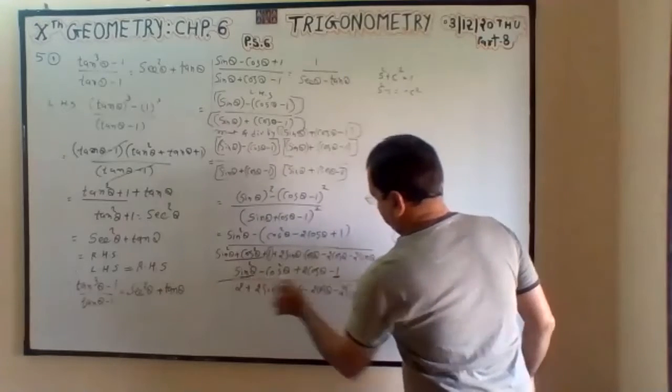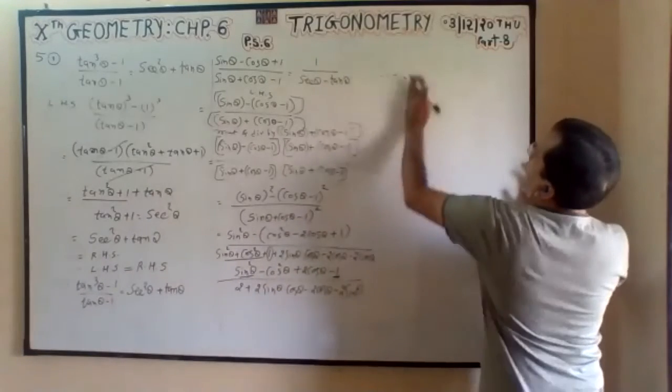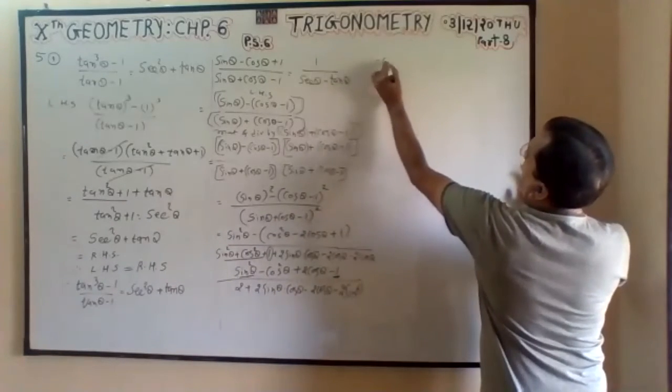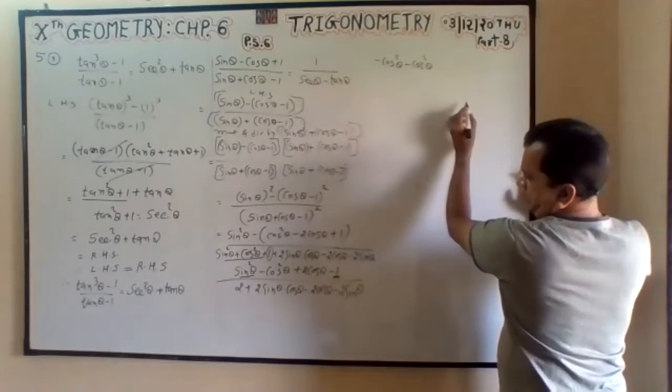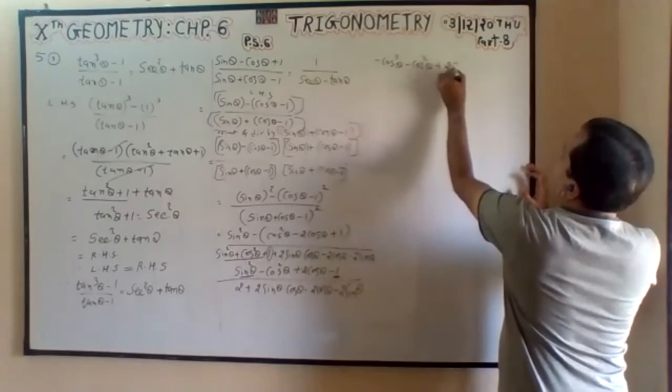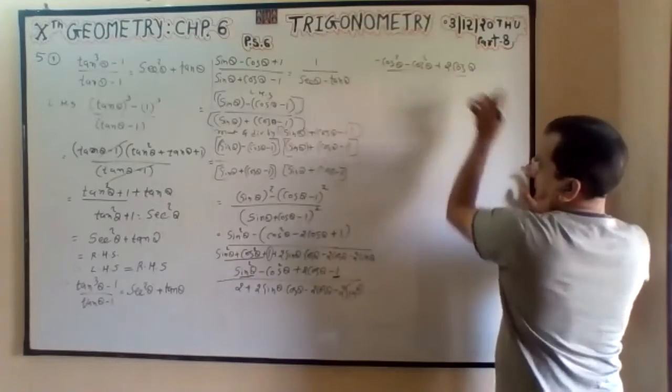So the value of this and this is minus cos square: minus cos square theta minus cos square theta plus 2 cos theta.